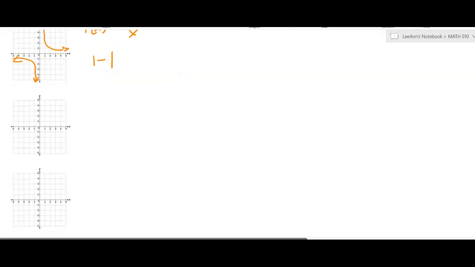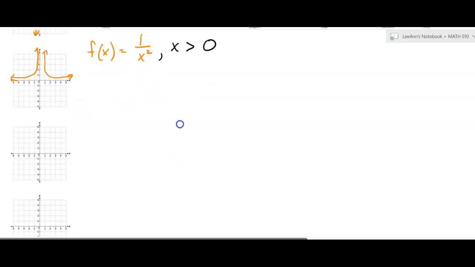Then we have the reciprocal squared function, which looks something like that. That is not one-to-one. So the function says f of x equals 1 over x squared. And we're going to restrict that by saying x has to be greater than 0. You can't have it equal to 0 because it's not defined there. Okay.